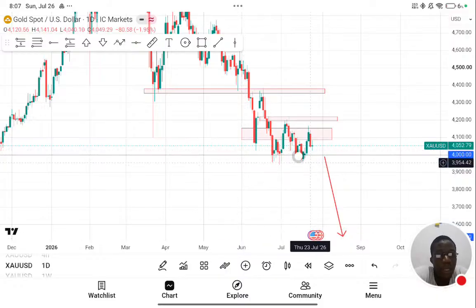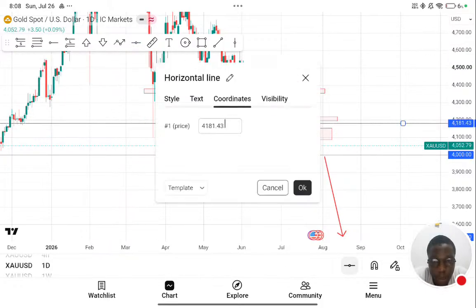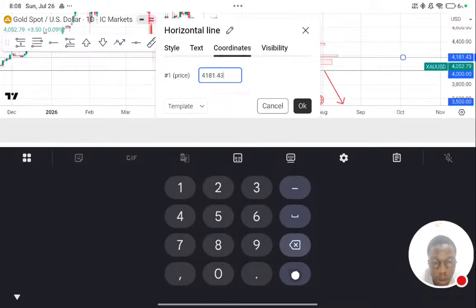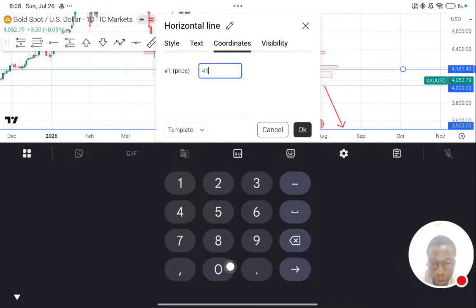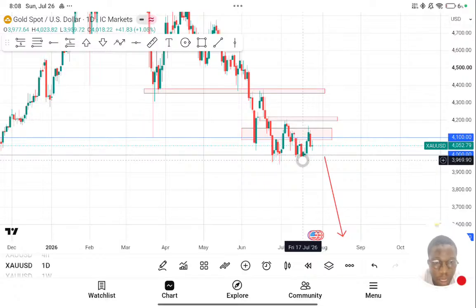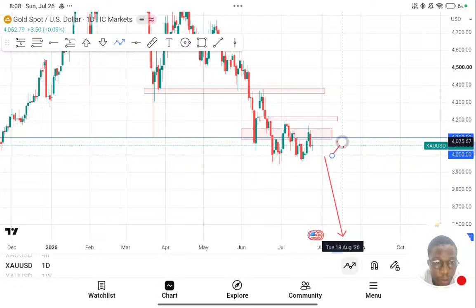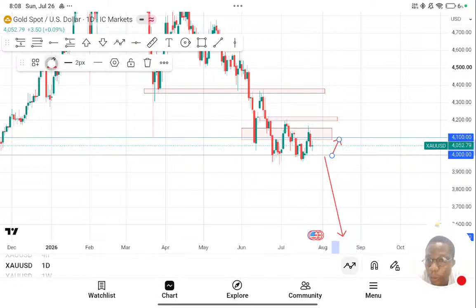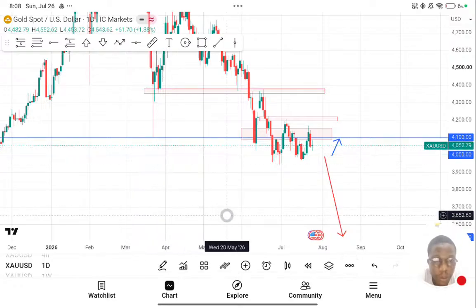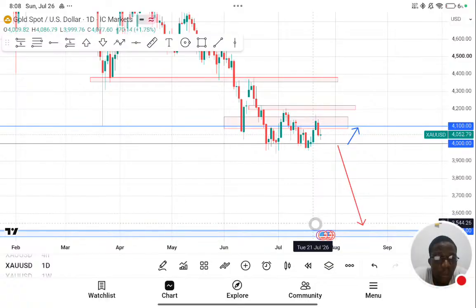From 4,000 to around 4,100, there has just been some buy operations, but 4,000 and below it is a very strong support. But then I see it failing. If you buy from 4,000 to 4,100, you get some profits. But then price, I see it coming down.